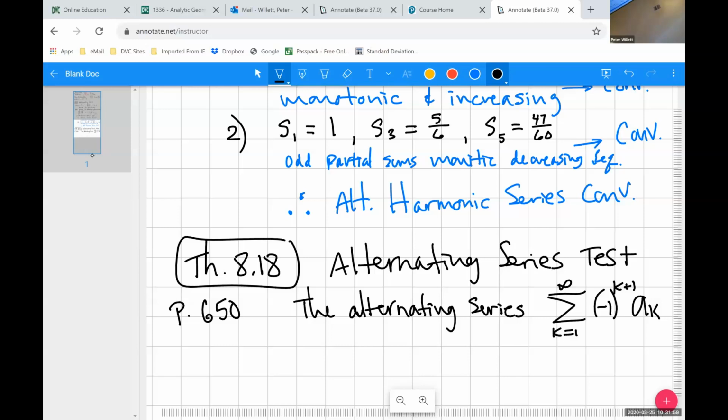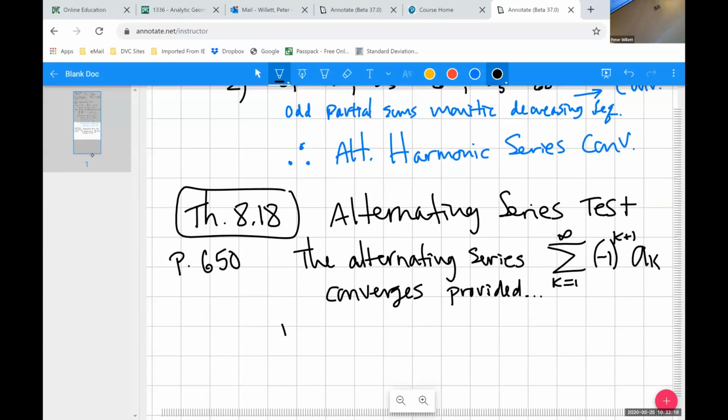So we're going to say the alternating series written this way converges provided two things. One needs to have two things for this test to tell us that the alternating series converges.